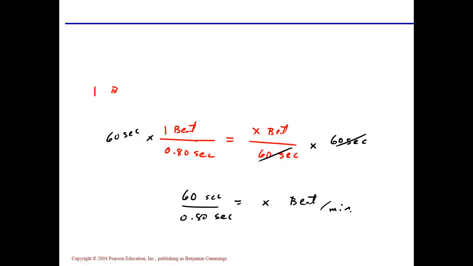All right. So you could plug that in the calculator and figure it out. I'll give you a moment to see if you can do that. Okay, if you got 75 beats per minute, congratulations. This is the normal heartbeat.